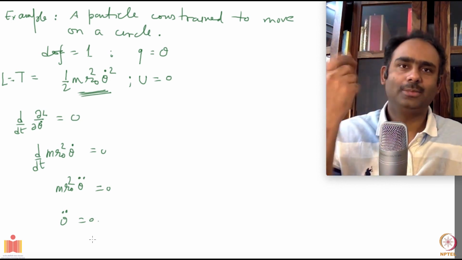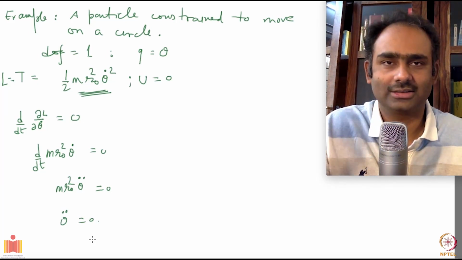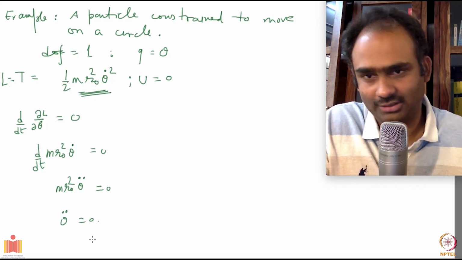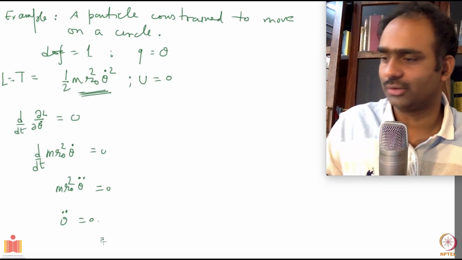Meaning there will be no angular acceleration. So the particle will keep moving in the circle at the same angular velocity. That's what this equation is saying, which is also consistent with what you expect.